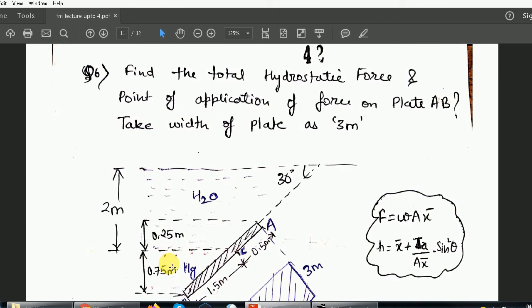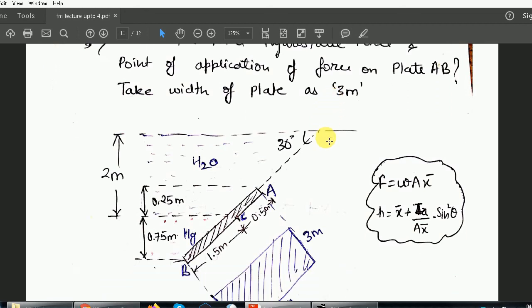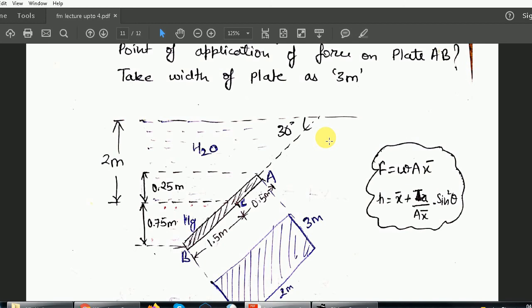So today's last question, question number 6. Find the total hydrostatic force and the point of application of force on plate AB. Take width of the plate as 3 meter. The diagram is already given here. This is the first fluid, water, and after this 2 meter there is another fluid, mercury, and the plate is immersed in between both fluids.